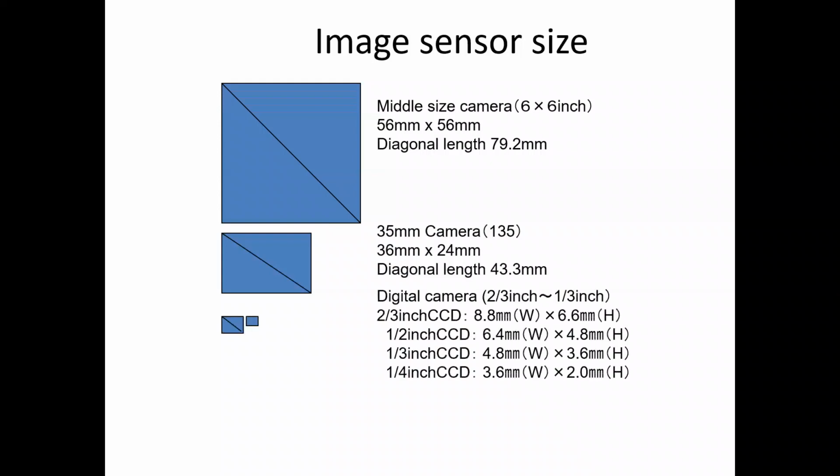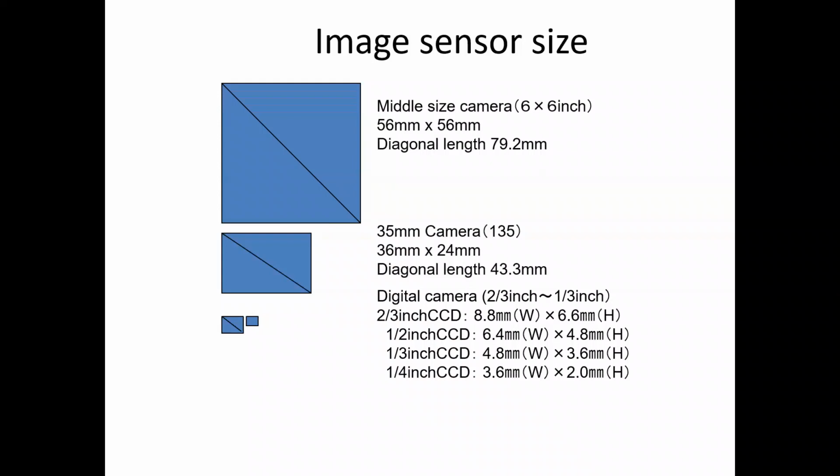And in the digital camera era, it's getting smaller and smaller because it's silicon, and making a large imager is really expensive. So usually such small lenses and small CCD imagers were produced for digital cameras. But of course, it's too small.